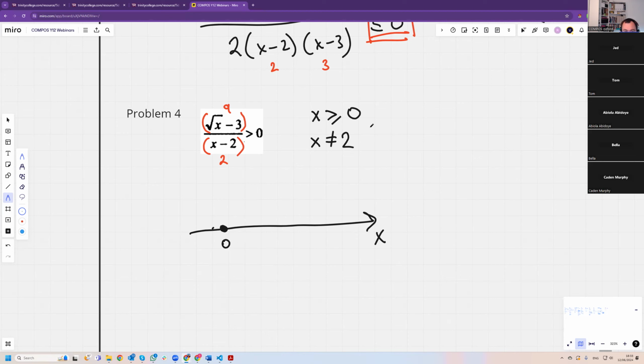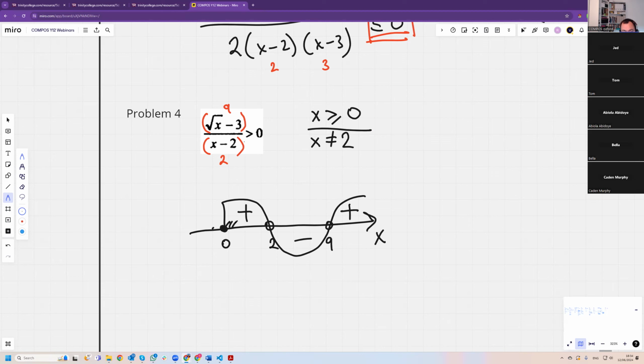So 0, because x has to be greater than or equal to 0. And then 2, not including, and 9, not including. We can safely say that this is positive, negative, positive, and who cares what that is, because that doesn't exist. Okay, so positive, negative, positive, bam. And we stop here because we have to.